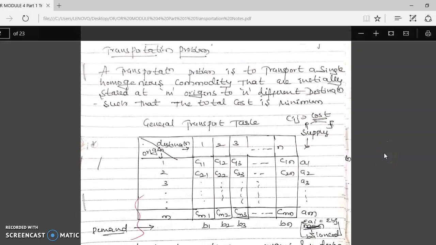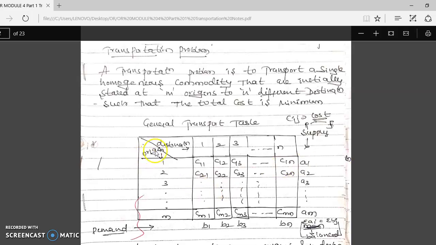Next, we start with the transportation definition. The name itself indicates transportation means transporting goods from the factories to the warehouses. Whatever items are available in the factory are to be transported to the warehouses based on their demand.